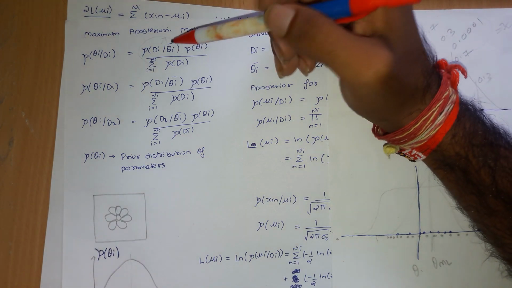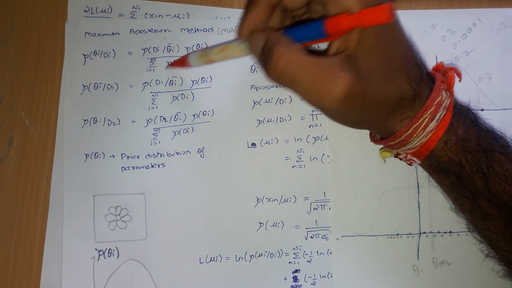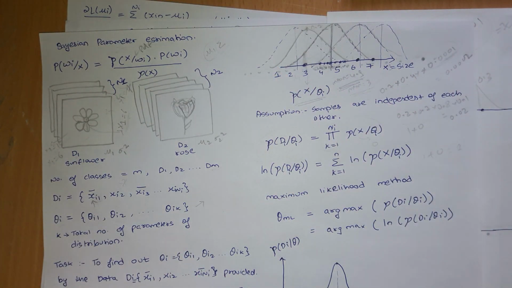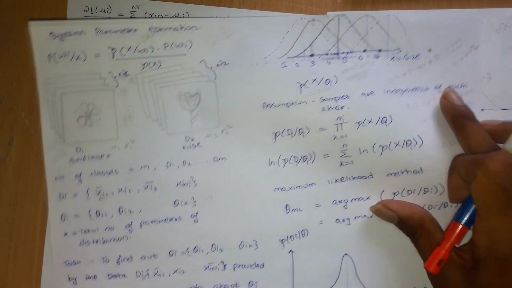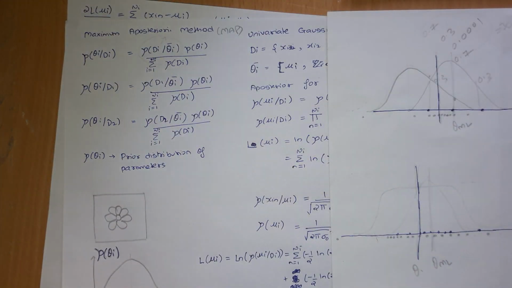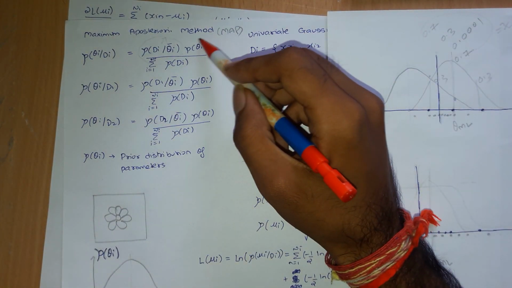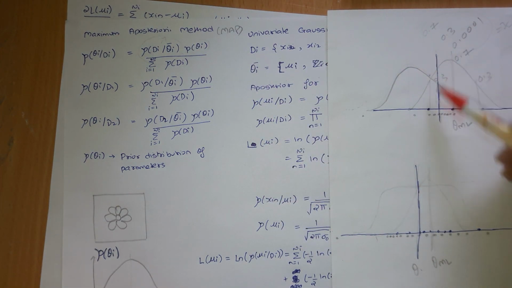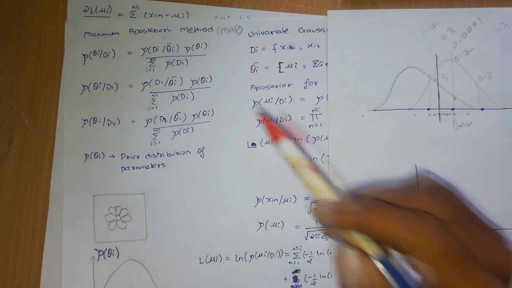In the ML method we were basically interested in this likelihood, and we saw that we can estimate the likelihood like this. But now suppose we have some prior information about what the mean could be. The question is, how will you have this prior information?